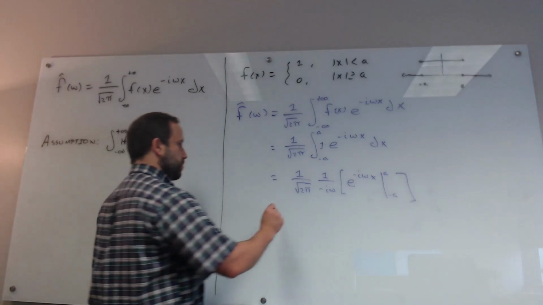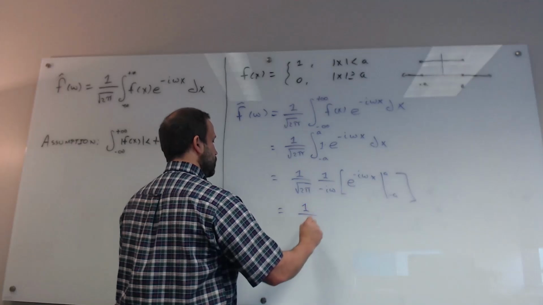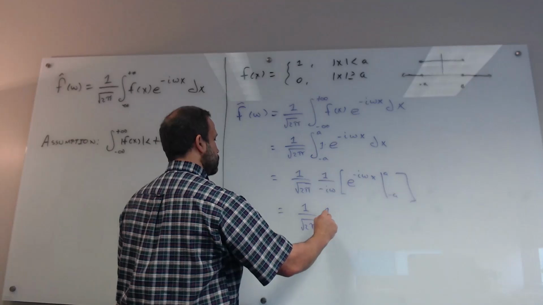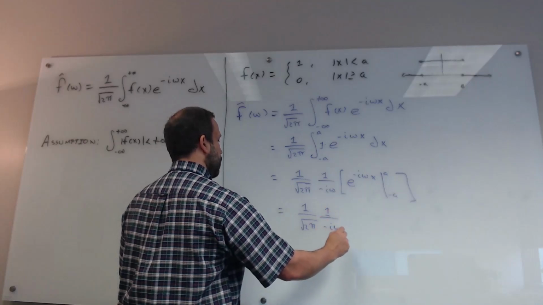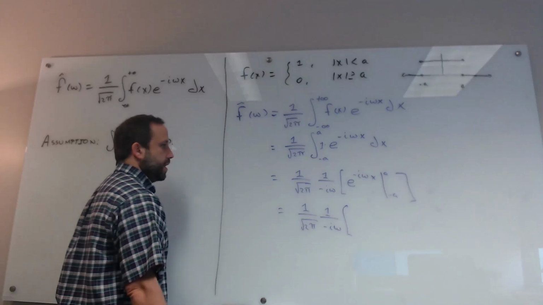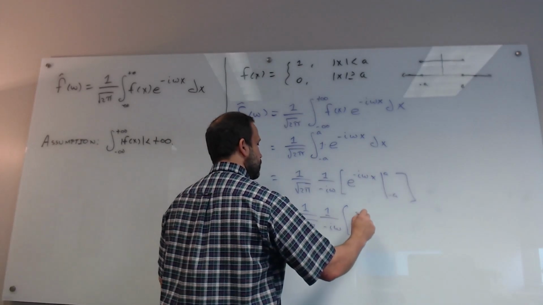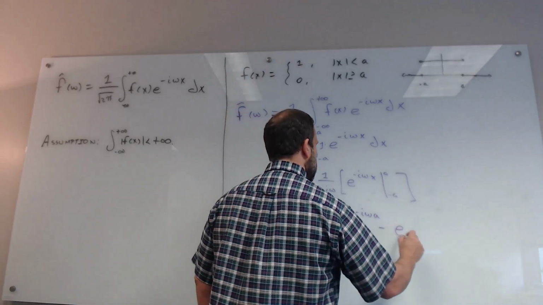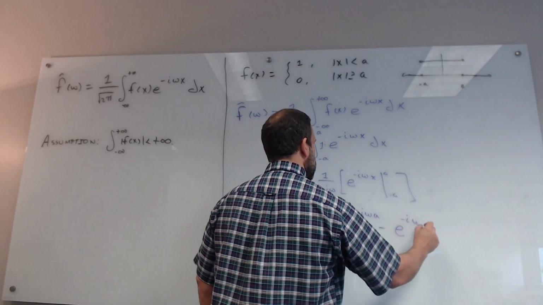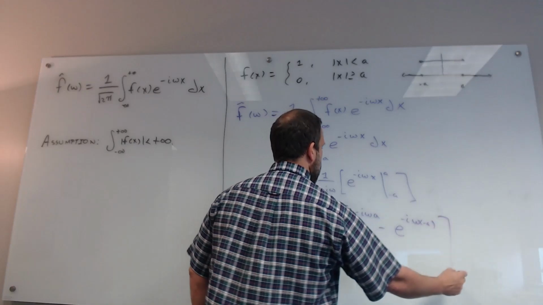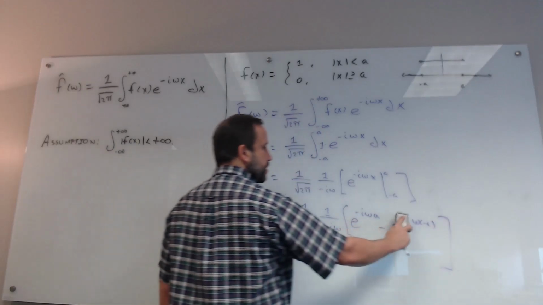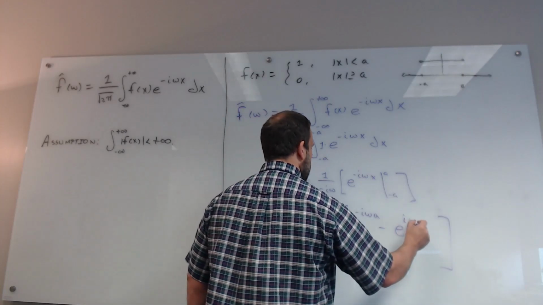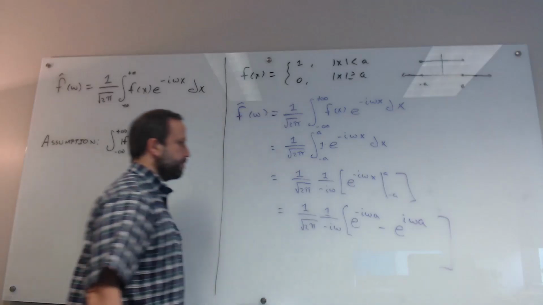If we do that, we're going to get 1 over the square root of 2 pi times 1 over minus i omega. And inside here, we're going to get e to the minus i omega a minus e to the minus i omega times minus a. These minus signs cancel, and it's just e to the i omega a.